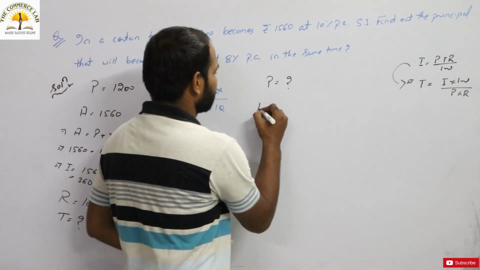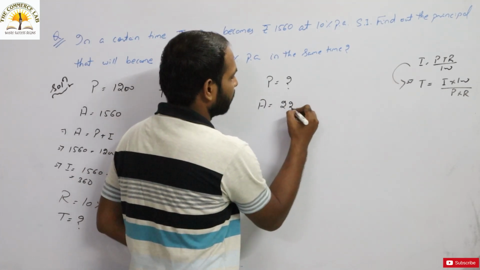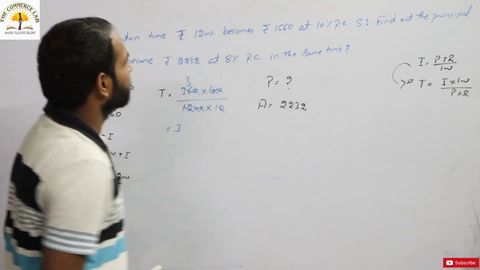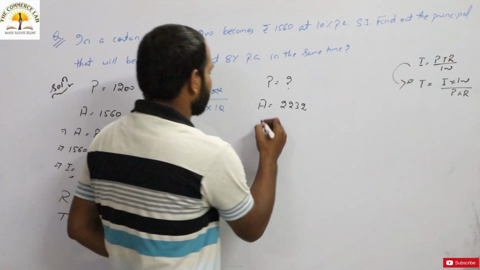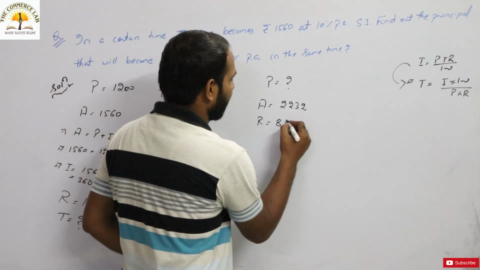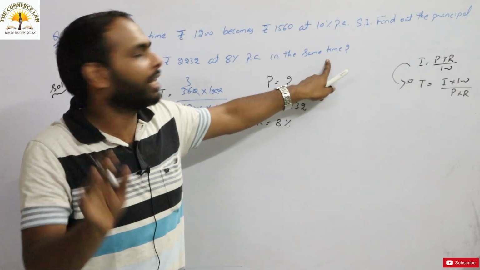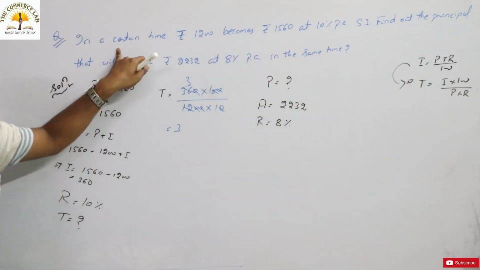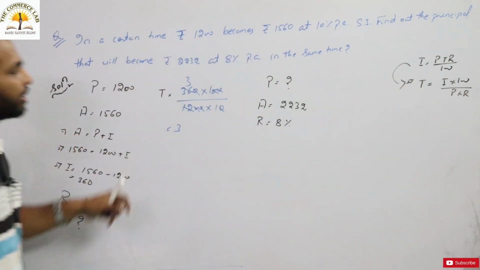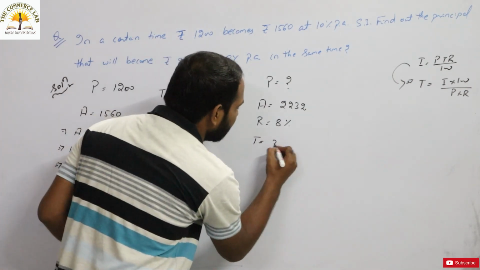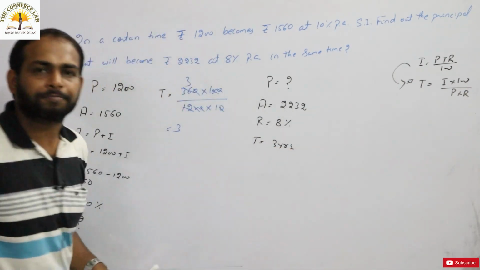That means A equal to 2232 rupees at 8% per annum. That means R equal to 8%. In the same time, meaning that certain time. We have already calculated that certain time, that is T equal to 3 years.